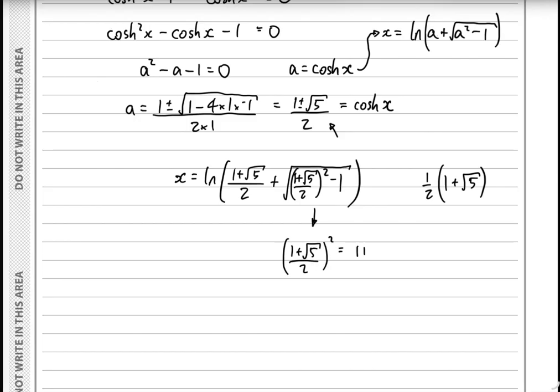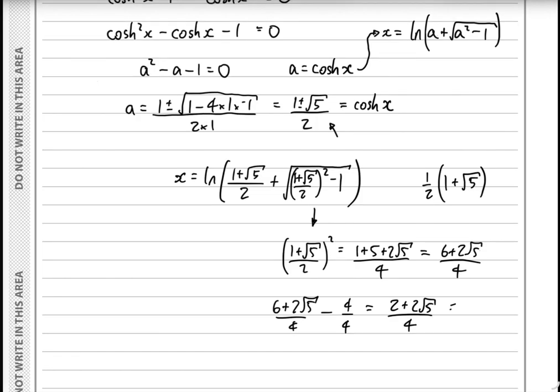That gives us a 1 plus a 5 plus 2 lots of root 5 all over 4. And that gives us a 6 plus 2 root 5 over 4. And then if we subtract a 1 from that, or 4 over 4, that gives us a 2 plus 2 root 5 over 4, which is 1 plus root 5 over 2.